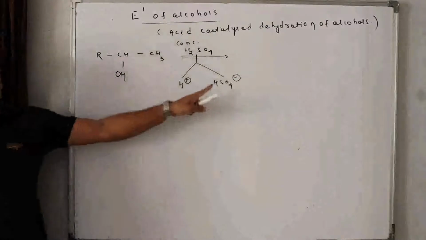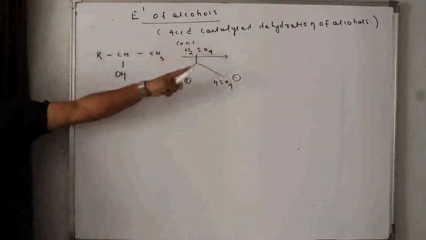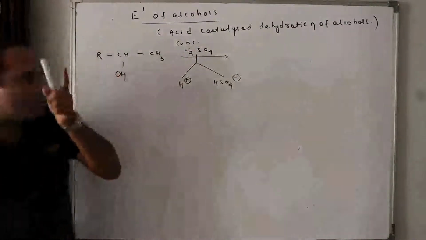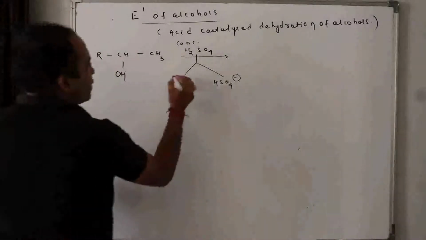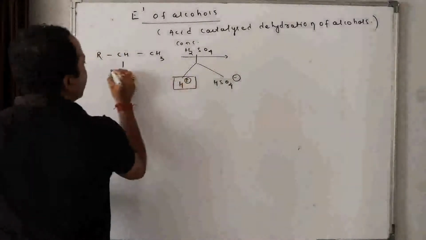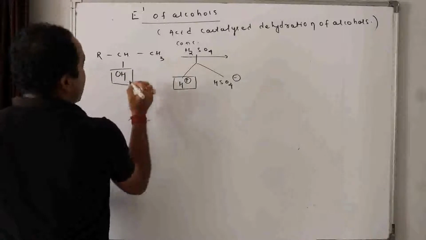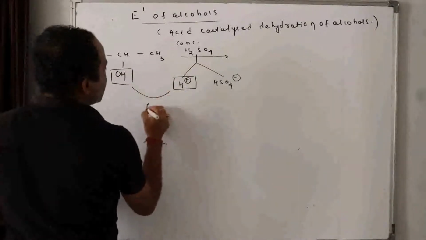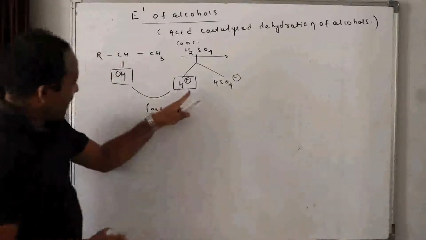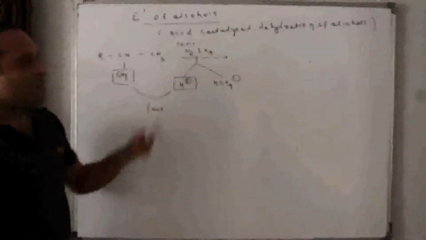This is the conjugate base of H2SO4. HSO4 minus is the conjugate base. Now this H plus will attack this OH in a very fast manner. Why? Because acid base reactions are faster.